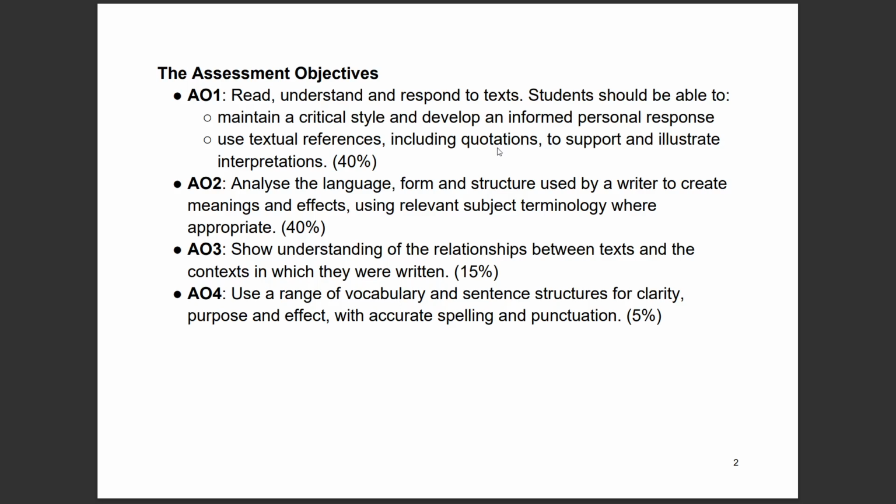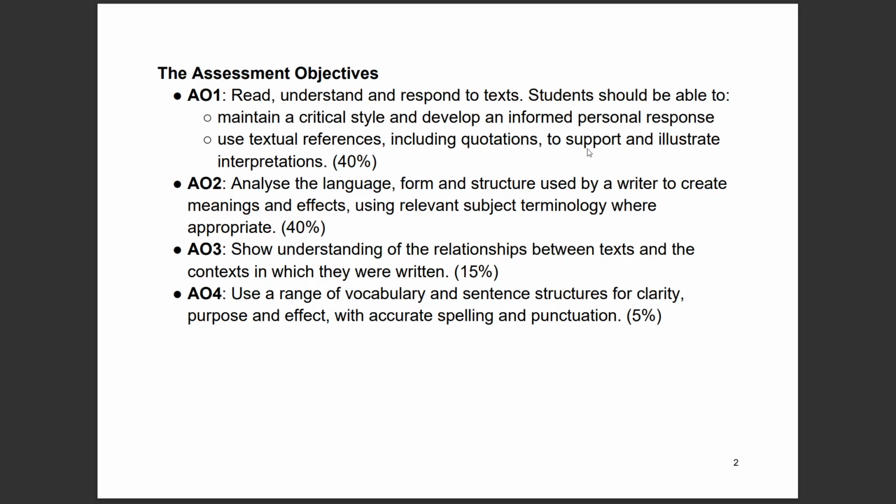So it's not an exact quotation; it's a reference. This is important because sometimes students say, "Oh, why do we have to memorize all these quotations?" Well, the answer is you don't. You do have to memorize some. It's a good idea to memorize some, but you don't have to memorize hundreds of quotations.